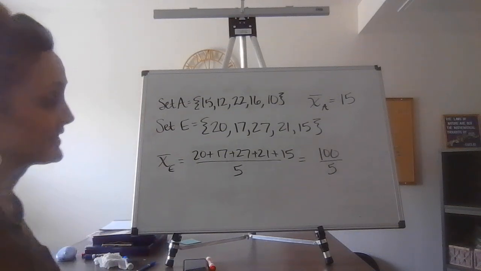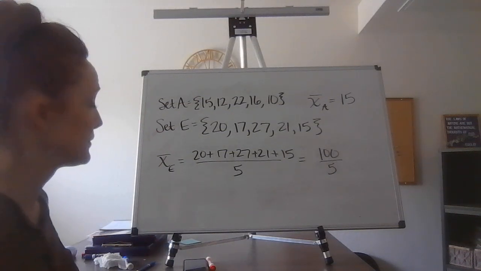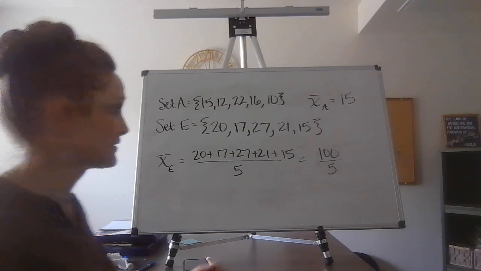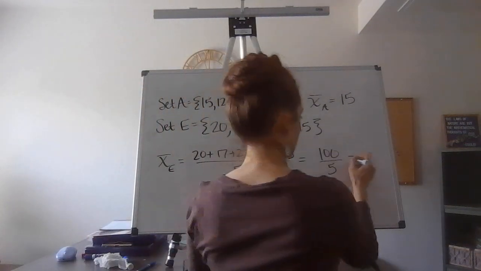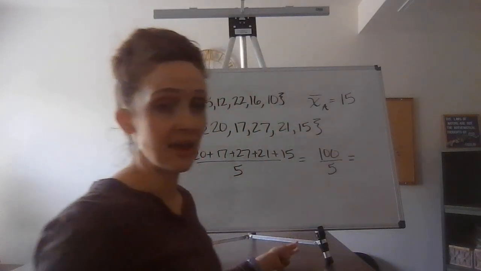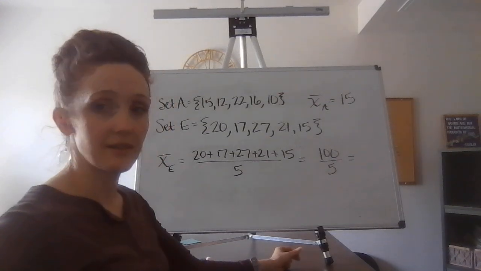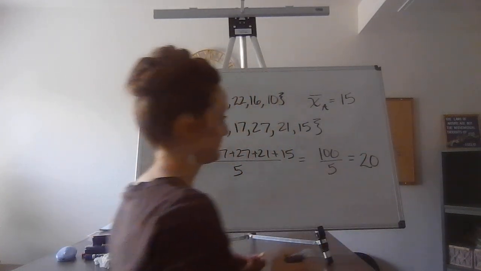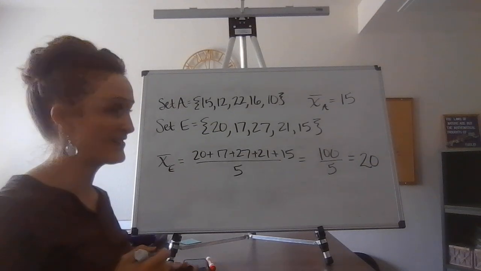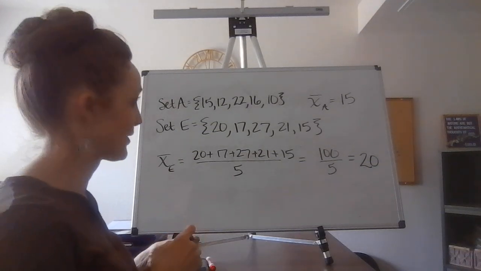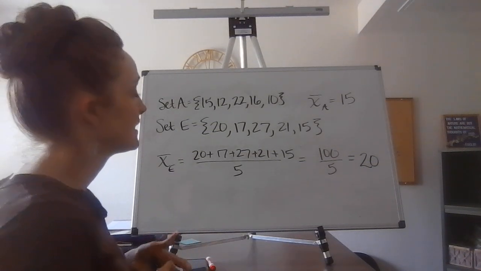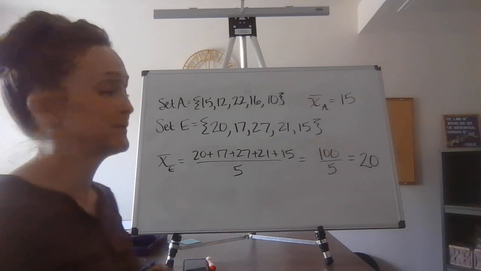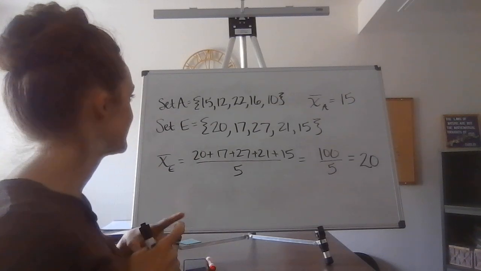That total on the top is 100, and we divide that by 5, so the mean for set E, x bar for set E, is 20, which is 5 more than the x bar for set A. So, wheels are turning, we're starting to think something's happening.